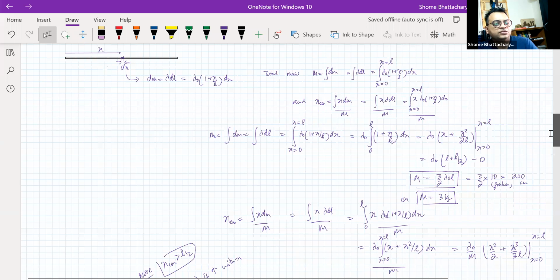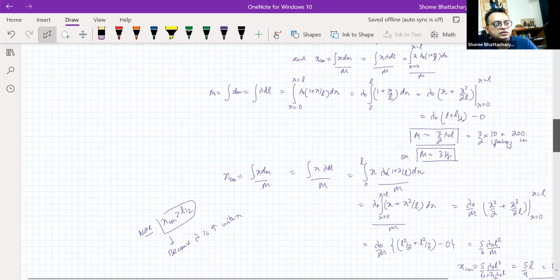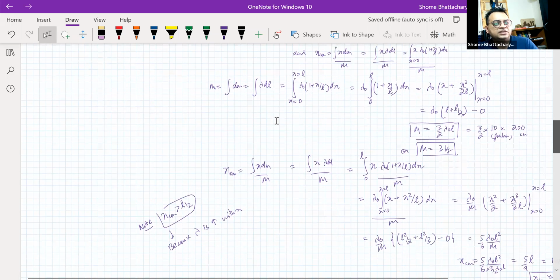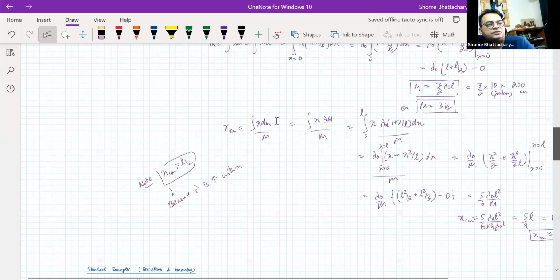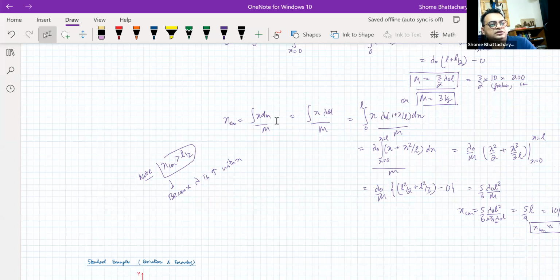And the position of the center of mass is now given by this formula. The summation mx that we had for a discrete particle system is replaced with integration of x dm divided by this total mass that we've calculated above. Now x dm is again replaced with lambda into dl, and lambda is replaced with this variable formula, lambda naught (1 + x by L), and dl is replaced with dx.